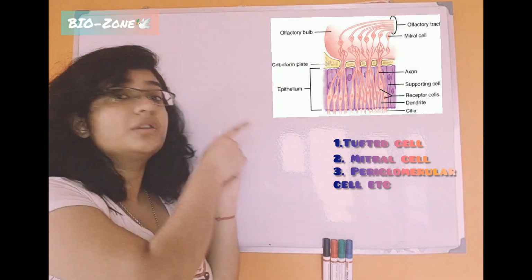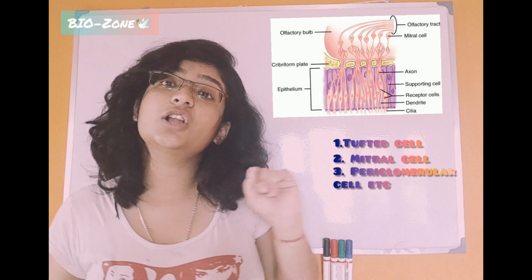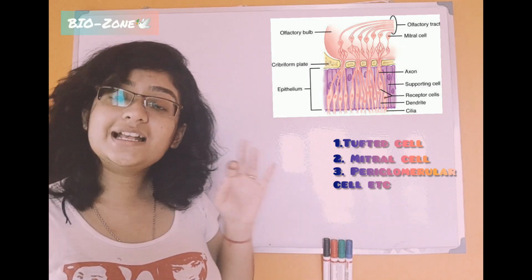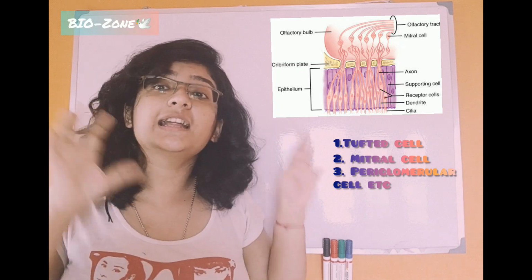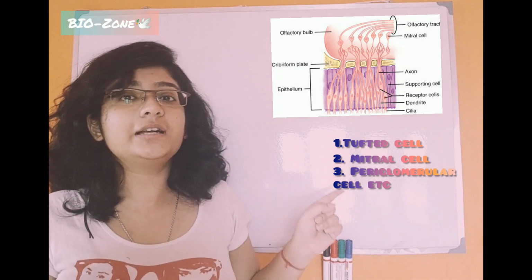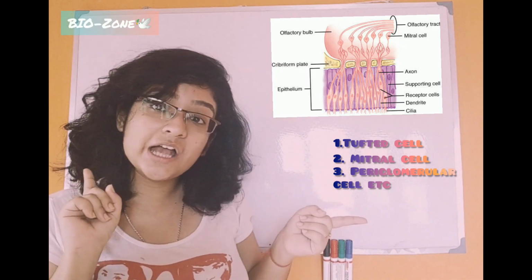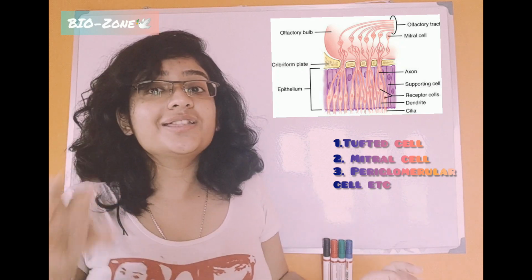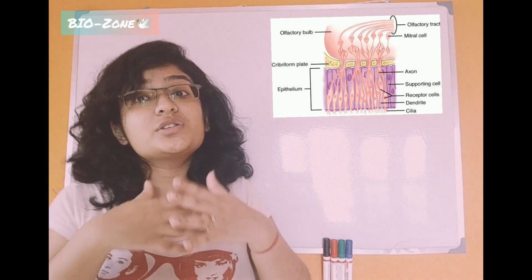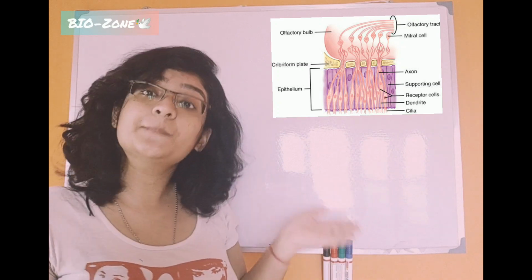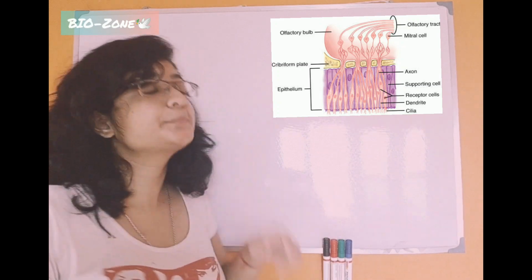This conjunction is called the glomerulus. The glomerulus causes the integration of the information coming from the different types of receptor cells, right? For that reason, with only 400 receptors, we can sense 1 trillion smell types, right?